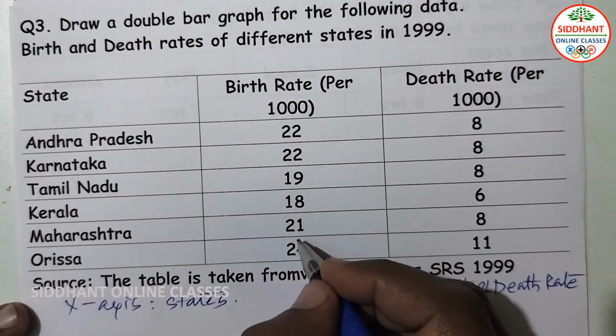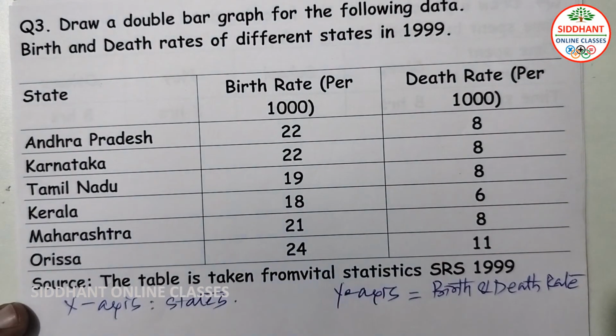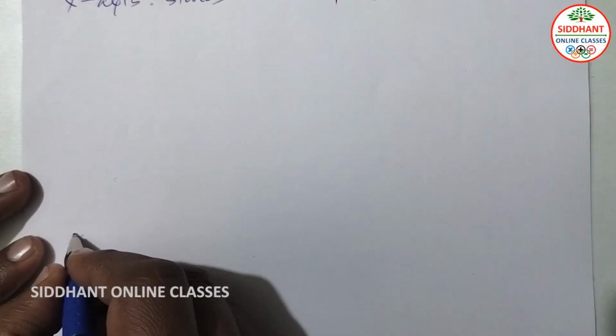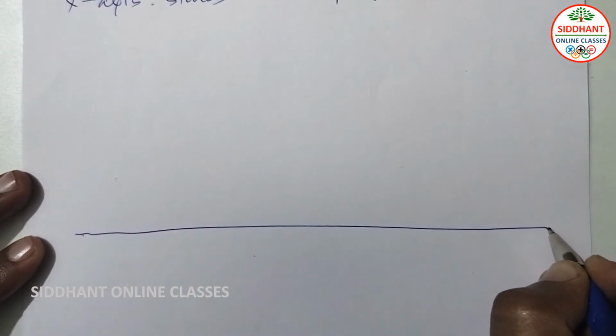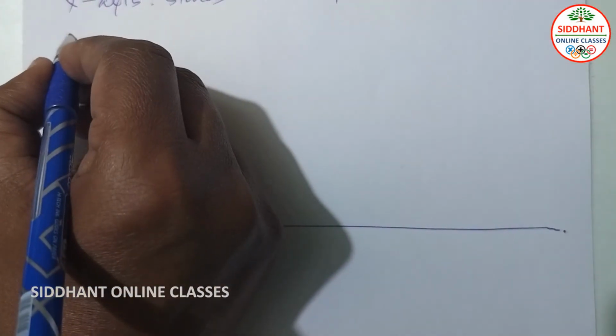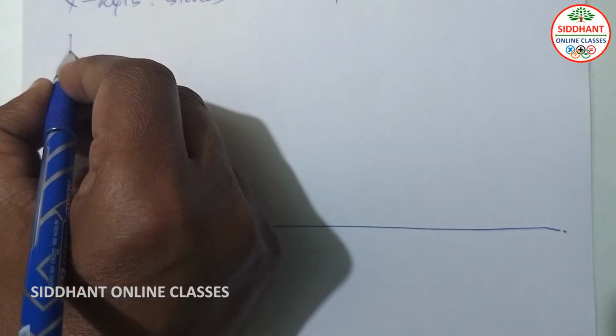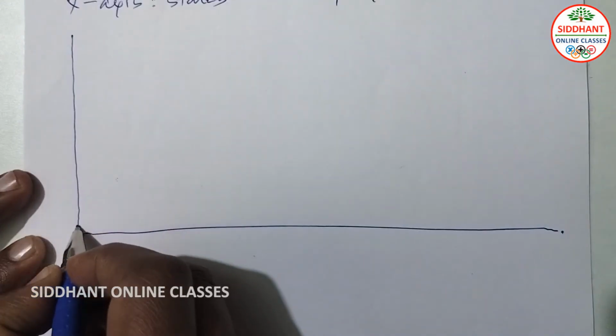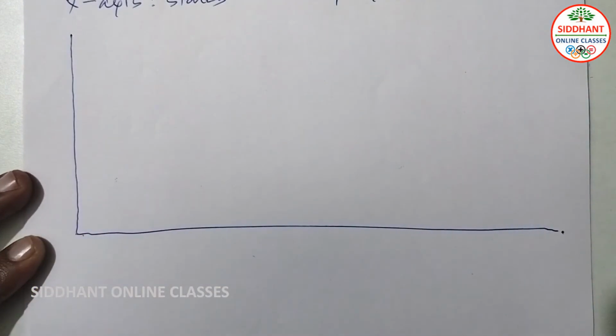The observations. So this is the x-axis. This is the y-axis.